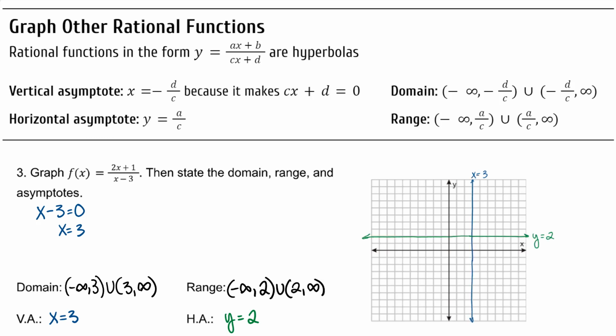Now I need a few points for the branches. I'm assuming the branches are here and here because we do not have a negative on top, so no reflection, but I still need some points. So I'm going to plug in the x values around the vertical asymptote: 1, 2, 4, 5.